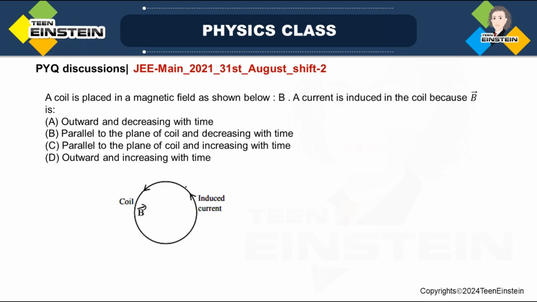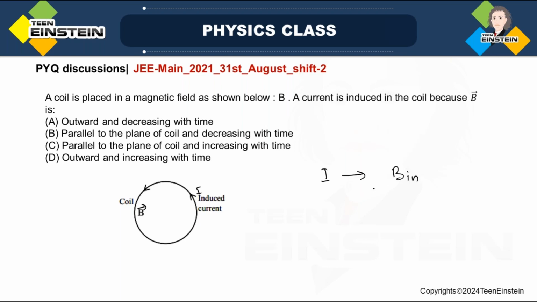You can see this is the induced current direction. The induced current is in the anti-clockwise direction, as you can see here. This induced current will also induce a magnetic field.